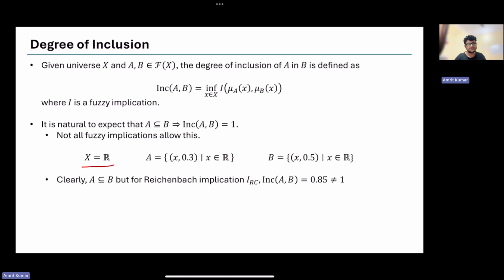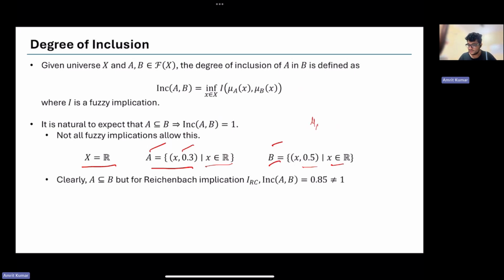Suppose your universe is the entire real line, and you take two fuzzy subsets A and B. These fuzzy sets are very simple in the sense that any real number x belongs to fuzzy set A with membership 0.3, and any real number x belongs to fuzzy set B with membership value 0.5, right?